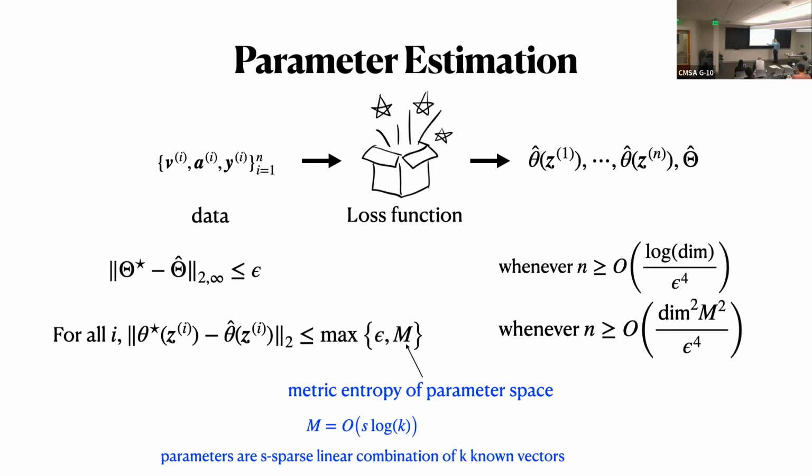Okay. So just to translate what this would look like for something interesting. Let's imagine that we know that these underlying thetas come from a linear combination of a space of k known vectors, where each of the vectors is sparse.